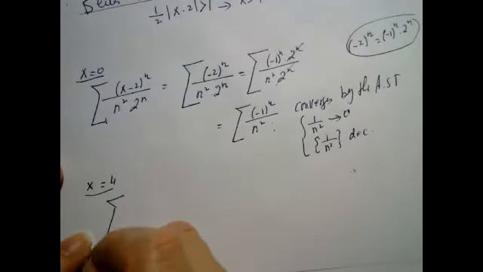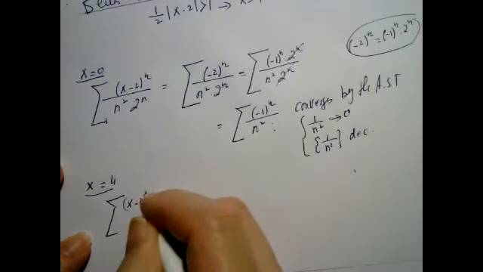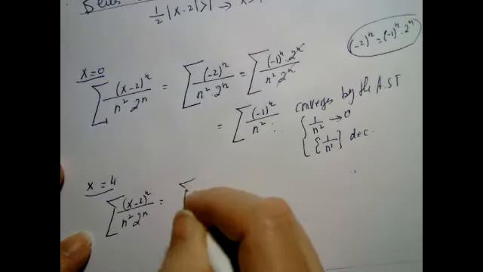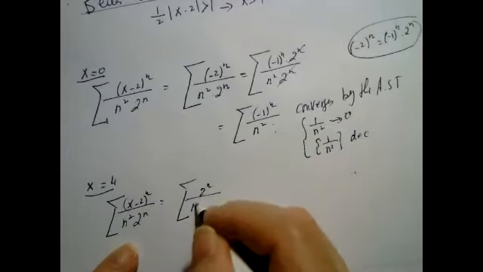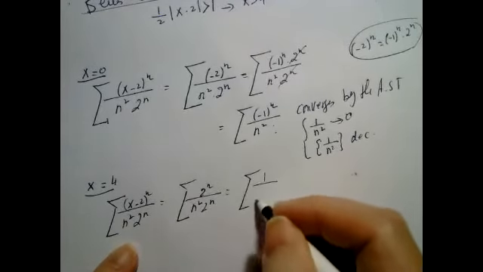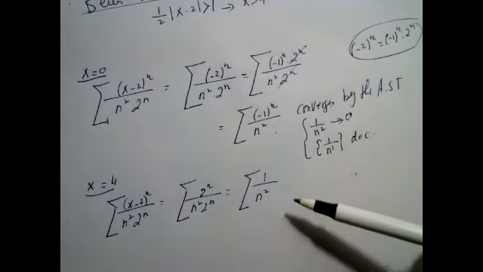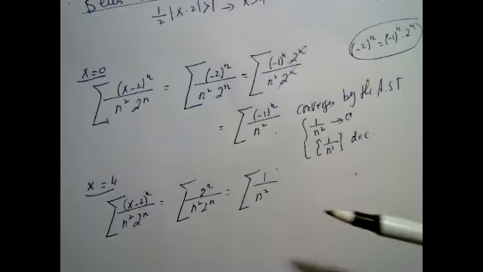Now for x equal to 4, I plug in 4 into the expression of the series. That's really what we're doing. And this would give me 4 minus 2 is 2 to the n, 2 to the n. This will become 1 over n squared. Now, again, I have a series of numbers. And the question is, does this new series of numbers converge or diverge?